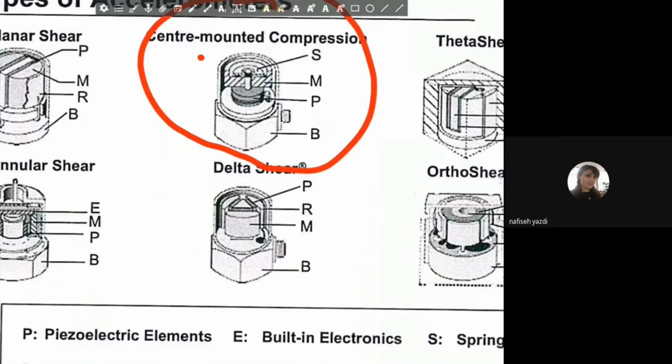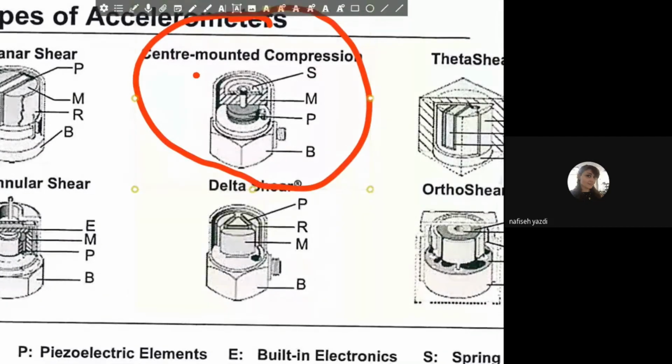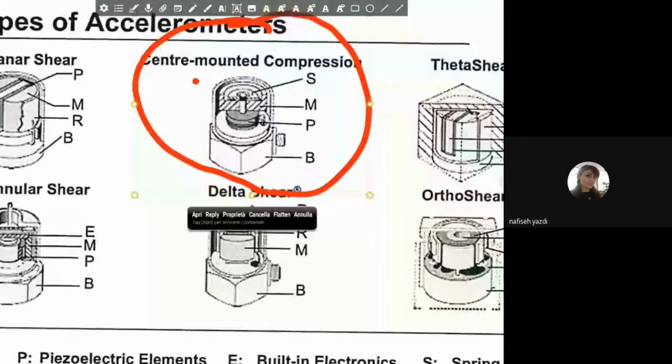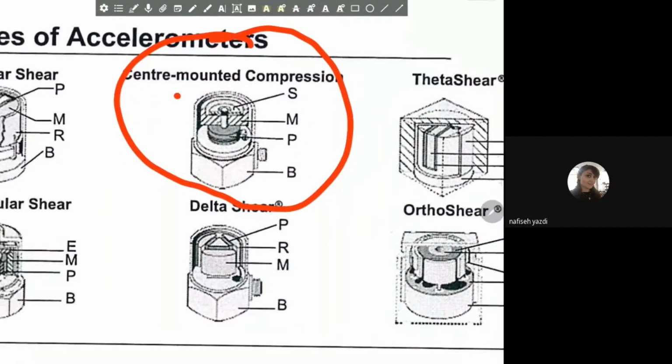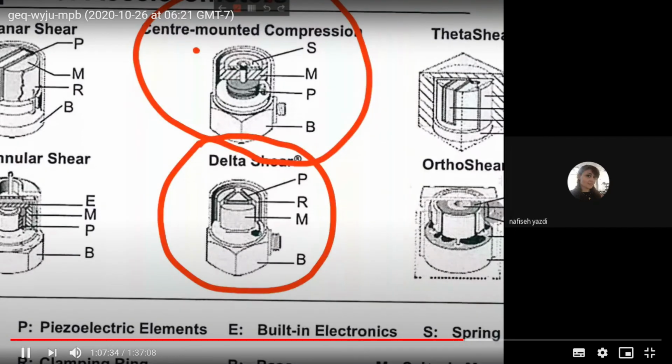And we can compare that with the delta shear. This one is the configuration for which the PZT crystal is cut in a shear shape, so they are parallel, and there are three, forming a sort of delta shape.